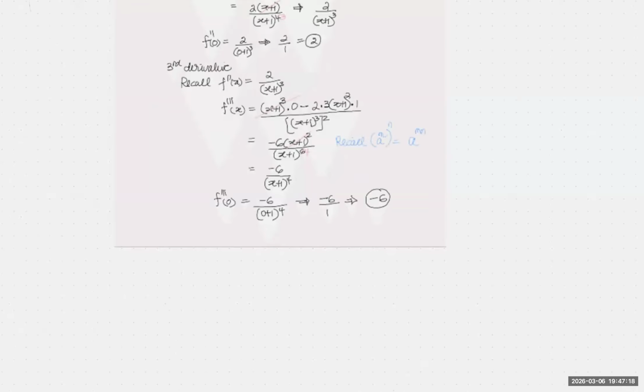So recall: F triple dash of x is equal to -6 over x plus 1 to the 4th. So therefore, differentiating now, f to the 4th.